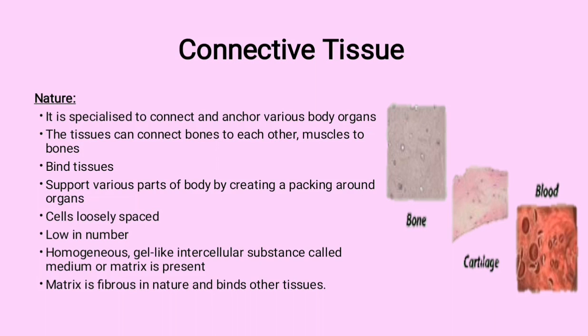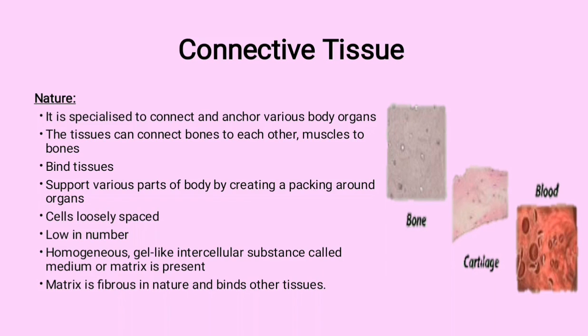The tissues can connect bones to each other, muscles to bones, bind tissue, and can also give support to various parts of the body by creating a packing around organs. The packing would prevent the organs from getting displaced by body movements. Thus, the main function of connective tissues is binding, supporting, and packing together different organs of the body.